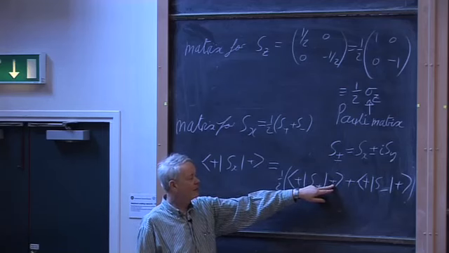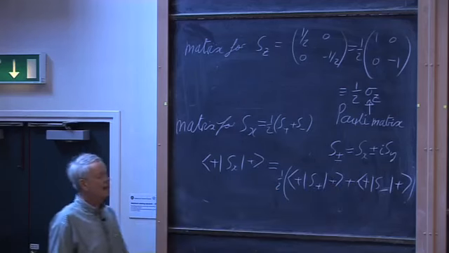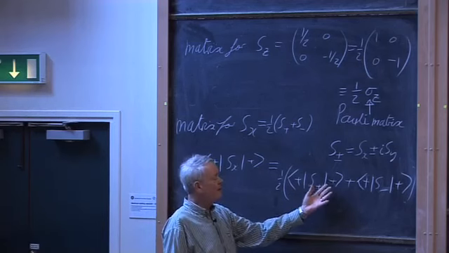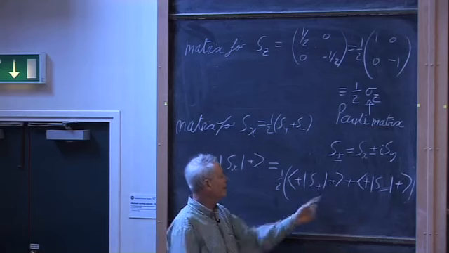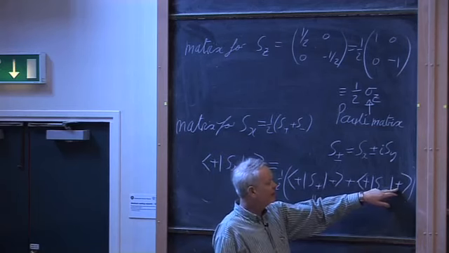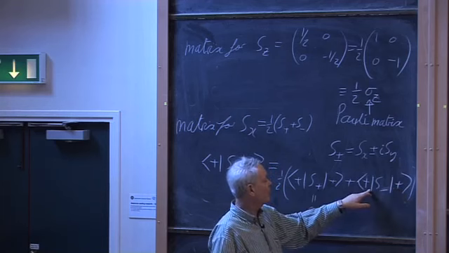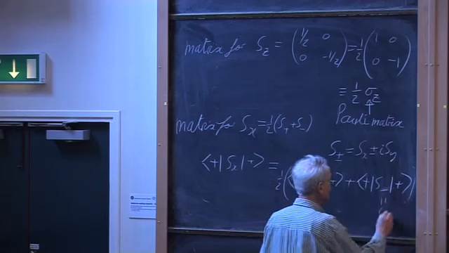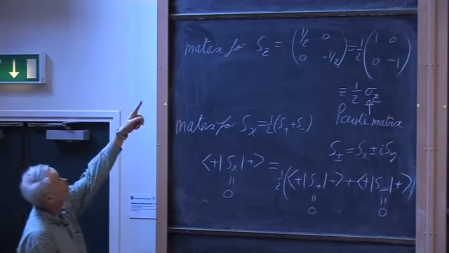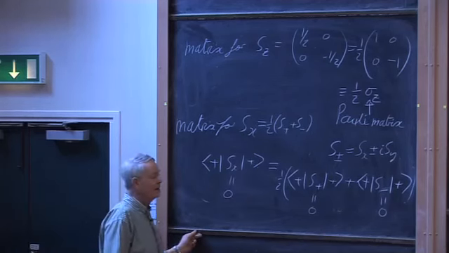This is plus a half. It'll try and raise it to plus 3 halves, but no such value is allowed because the total spin is only a half, so it kills it in the process. So therefore, this one is 0. S minus successfully lowers this to minus, but minus is orthogonal to plus, so this is 0. So this element here is 0, and that's the top left corner of the matrix for Sx is 0.